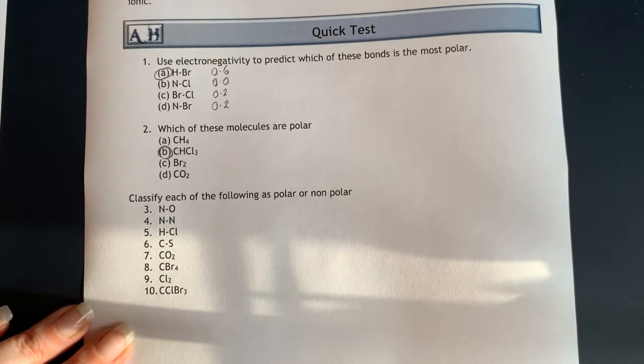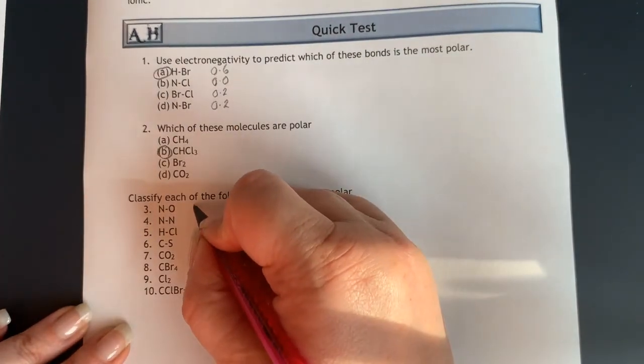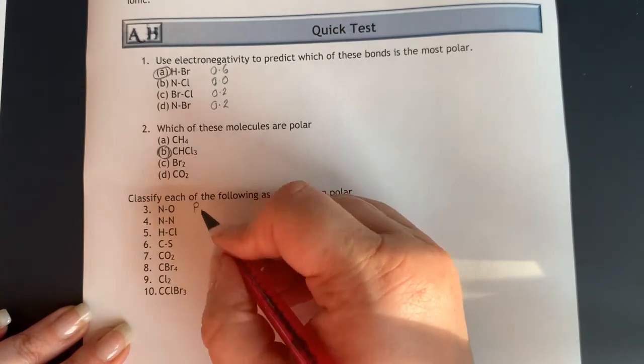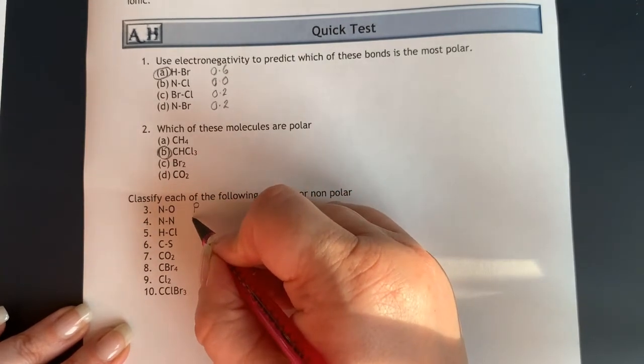Classify each of the following as polar or non-polar. This is polar. Is there a difference in electronegativity?